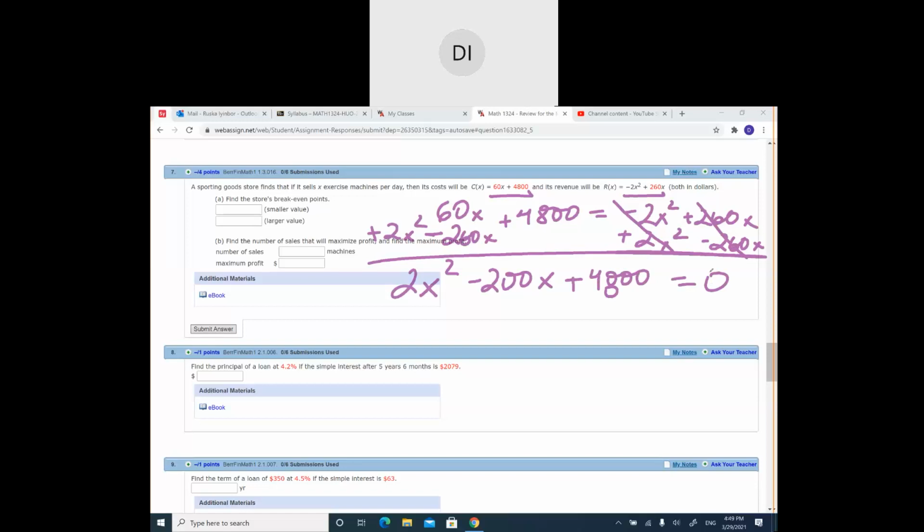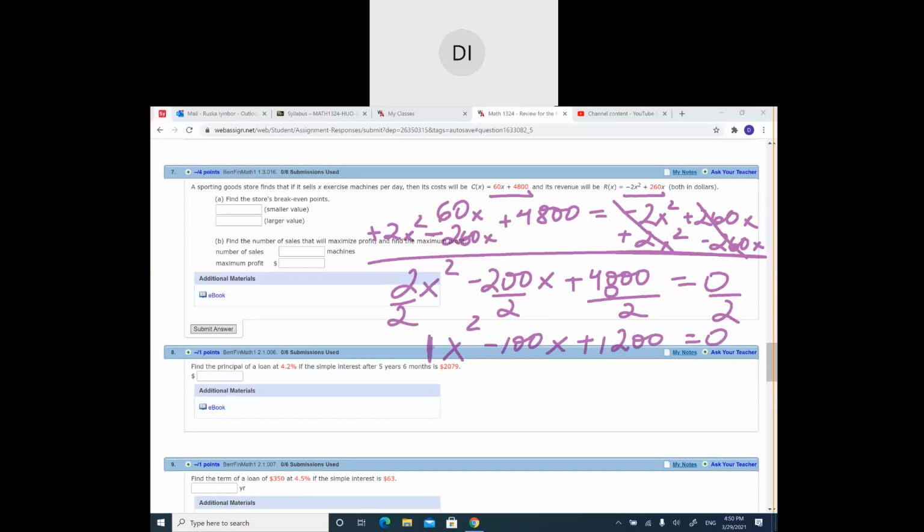Now, in order to solve this equation, I can just divide by 2 first to get smaller numbers. When I divide the whole equation by 2, I'm going to get x squared minus 100x plus 1200 equals 0. Okay, now from here, you can use the quadratic formula to solve it.